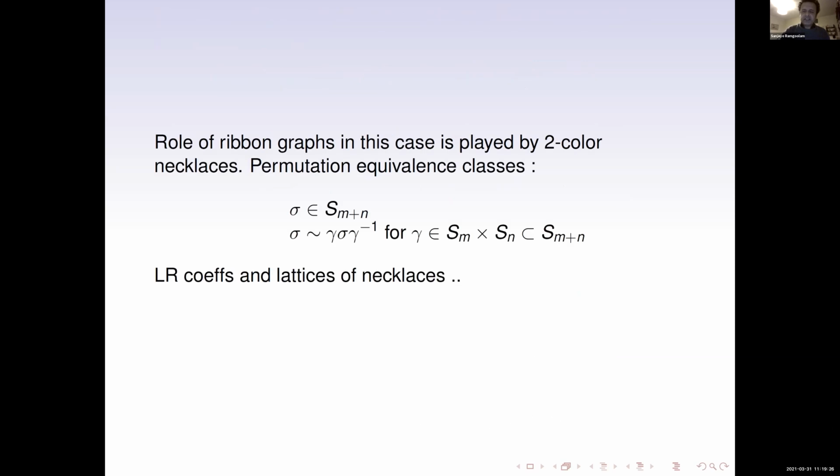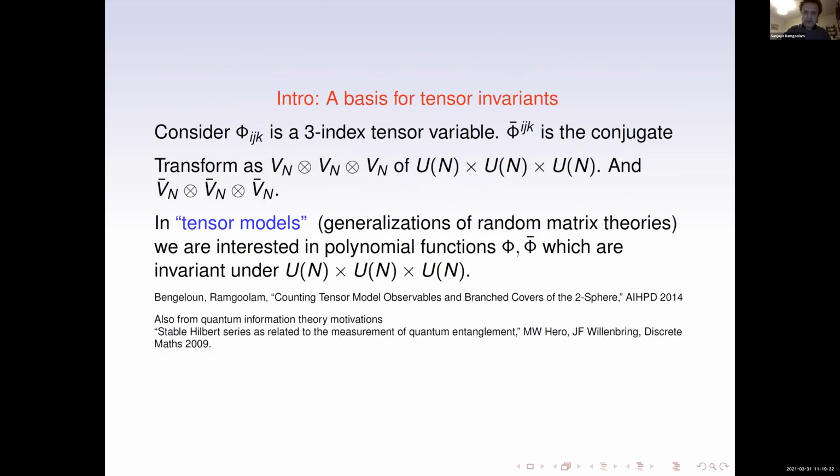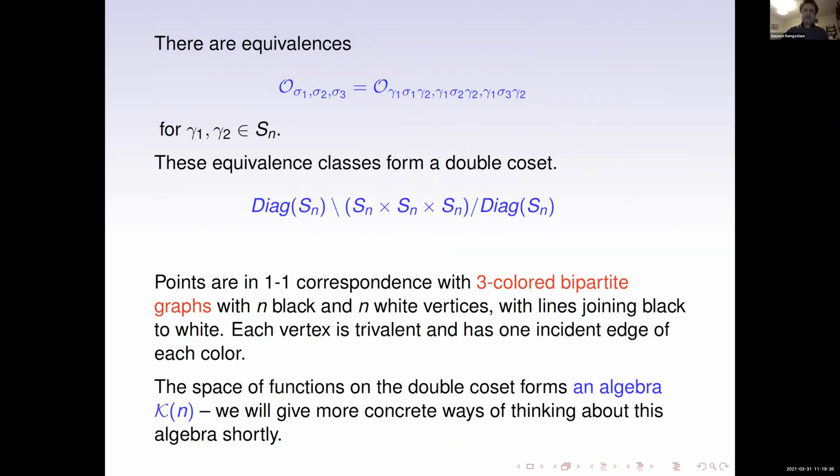So the next transparency is that there are equivalences, not all of them. One triple is equivalent to another triple if the two triples are related by this kind of equation. If I have another triple, you will get the same invariant if sigma 1 prime, sigma 2 prime, and sigma 3 prime are related to your first triple through a multiplication on the left by a gamma 1, again in S_n.